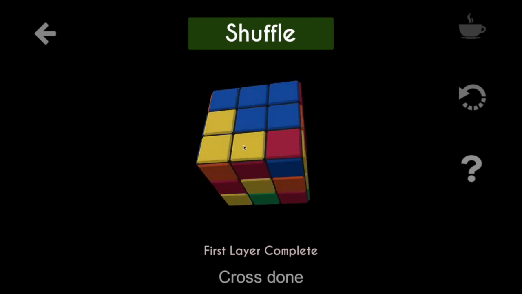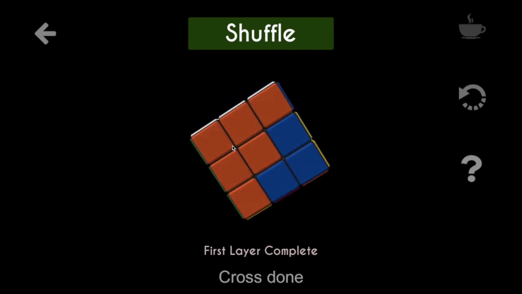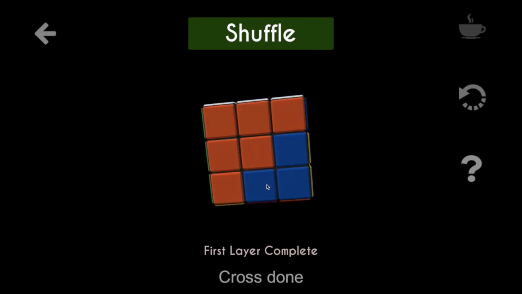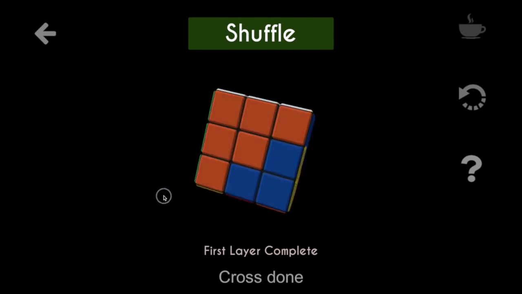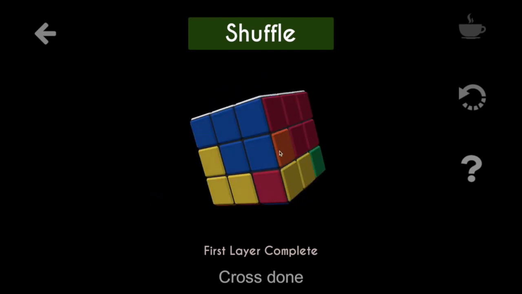I'm ignoring all those edges with the yellow because the yellow is the third layer and it won't be there in the second layer. So this is another candidate which needs to go here, right?